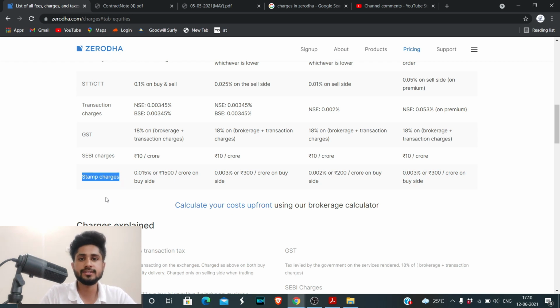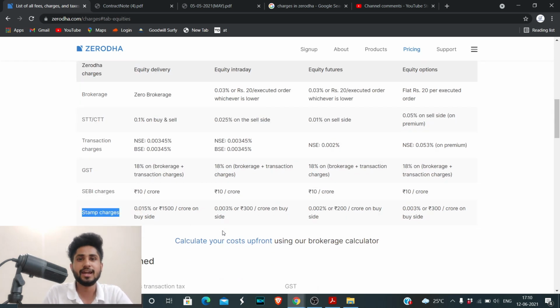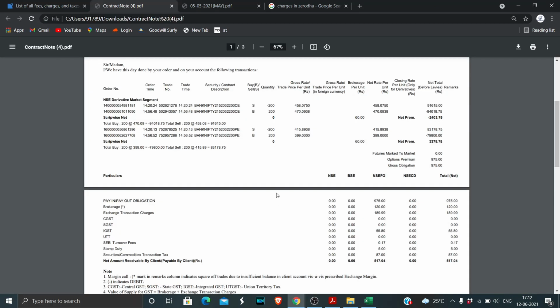We'll analyze all of this one by one, so that you will understand what charges we are all paying, and whether it is really the charge which we see. I have taken two different brokers' contract notes. We'll analyze their charges and realize what we are paying, so that if we are paying anything extra, we can ask them to reduce it, or we can change the broker. These are the two things we'll be learning.